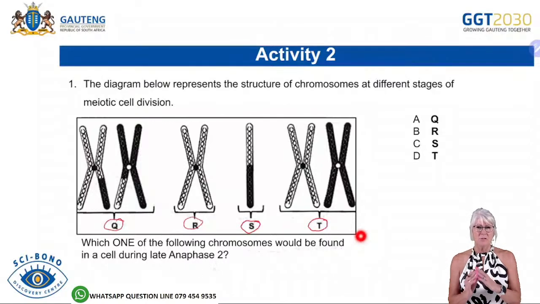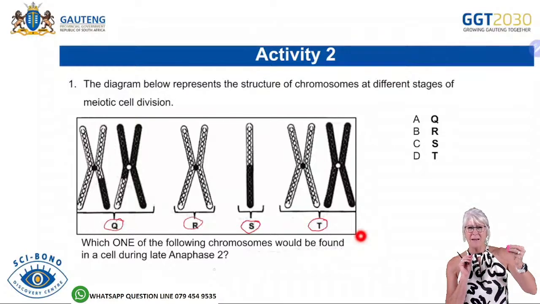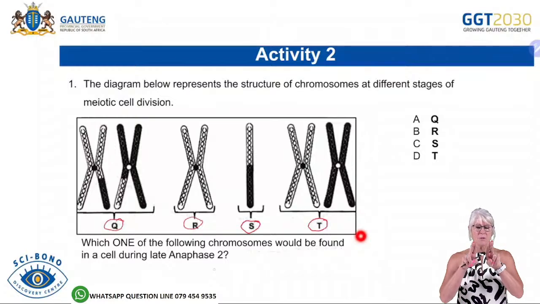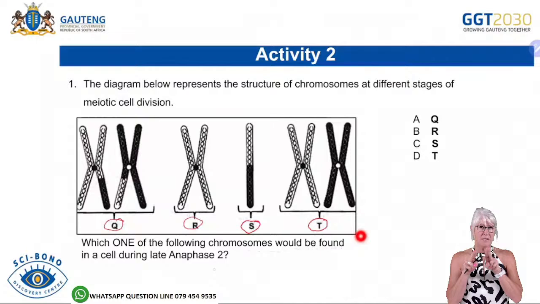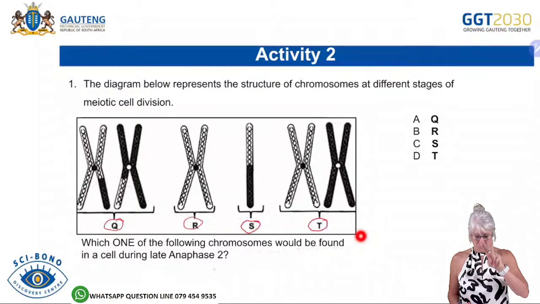Remember, Samantha said to you the way in which to recognize the difference between anaphase 1 and anaphase 2 is how the chromosomes are. In anaphase 1, we're going to have whole chromosomes moving across. In anaphase 2, we don't have homologous chromosomes in meiosis 2, so we're going to have single chromatids moving.